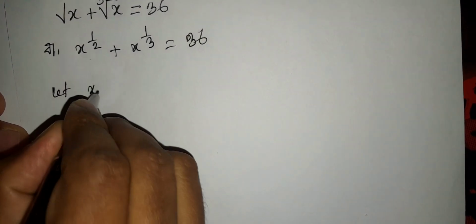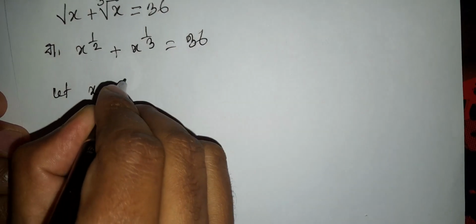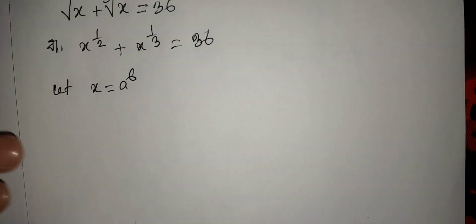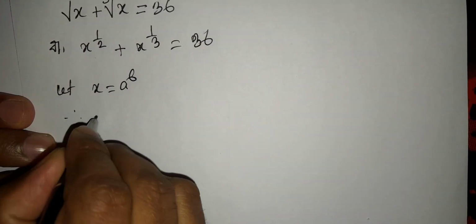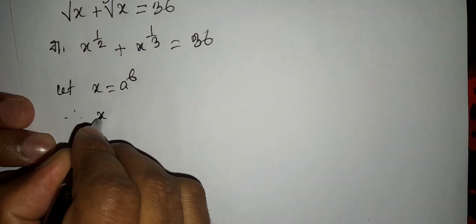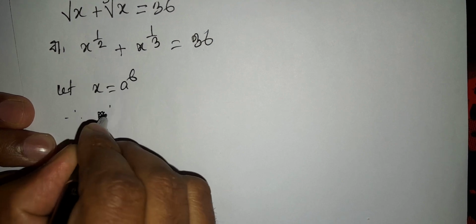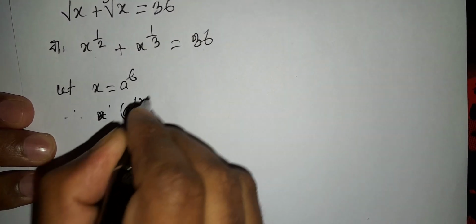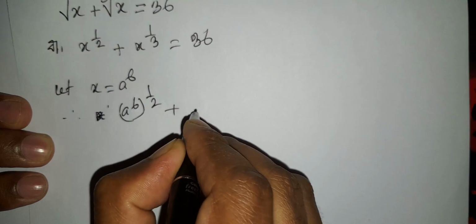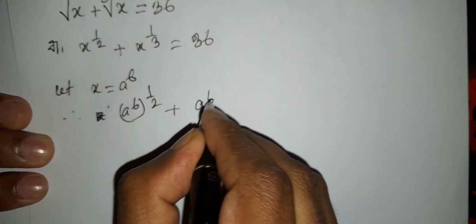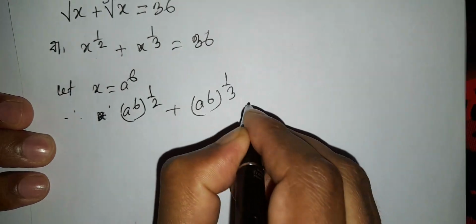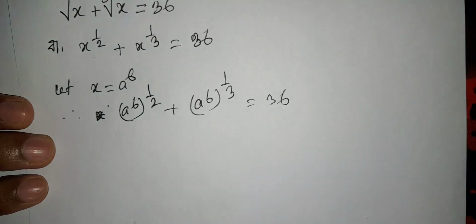Let x equal a to the power 6. So x to the power half becomes a to the power 6 times half, and x to the power 1/3 becomes a to the power 6 times 1/3, equal to 36.